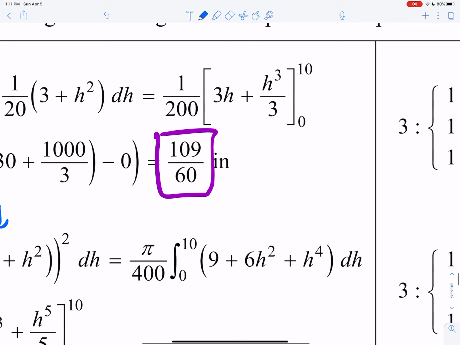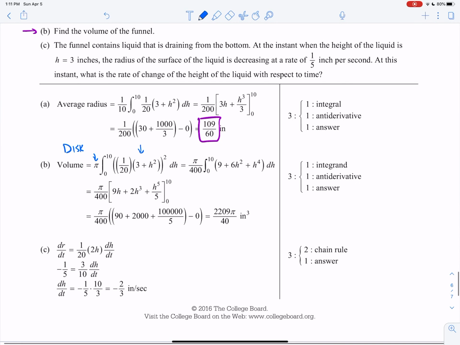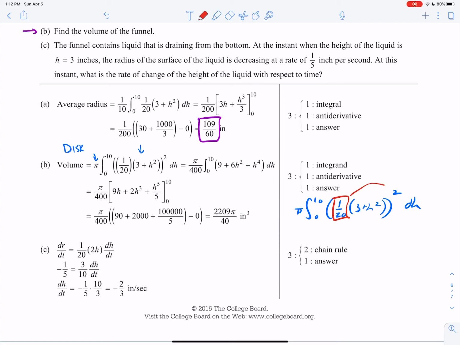So here we go. We have, I'll do it over here, pi integral from 0 to 10 of 1 over 20, 3 plus h squared, squared. Okay, so first off, the 1 over 20 is being squared, which is 1 over 400.